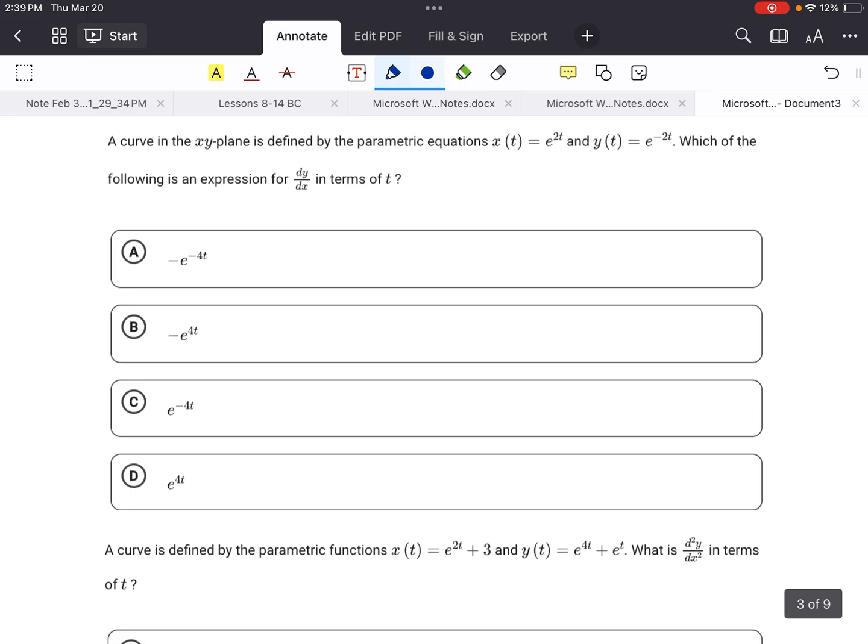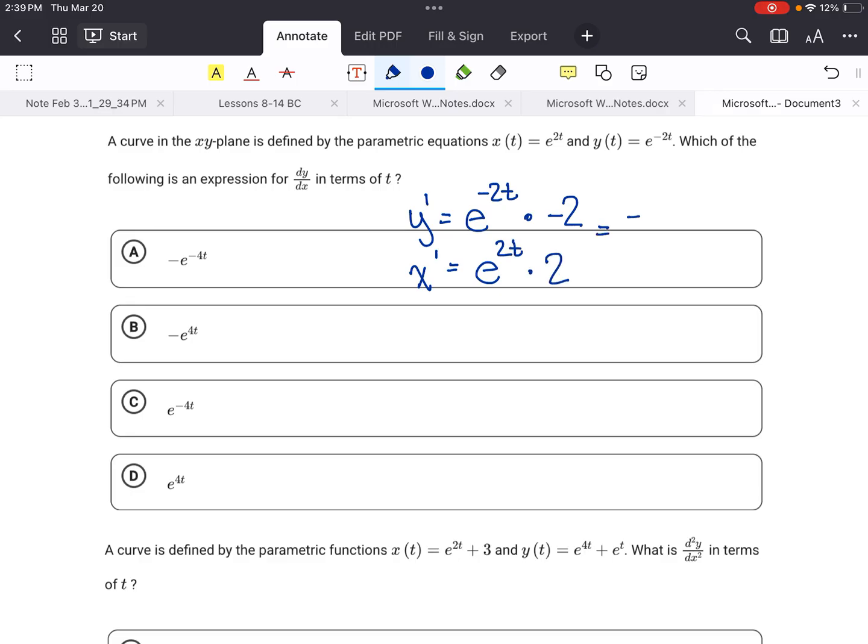Problem number 5, which of the following is the expression for dy dx? So dy, derivative of e to the u is itself times the derivative of the exponent. So even though this is parametric, I mean it is technically, but also it's really just knowing your derivative rules.